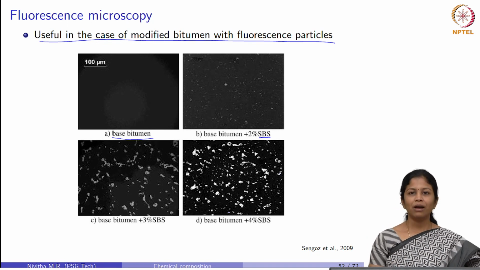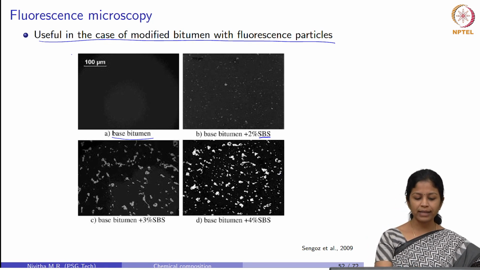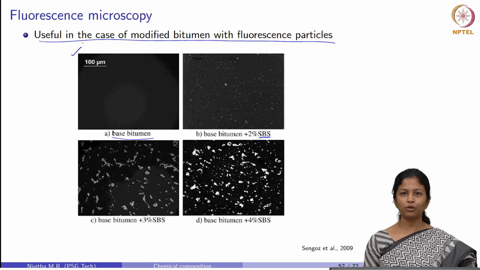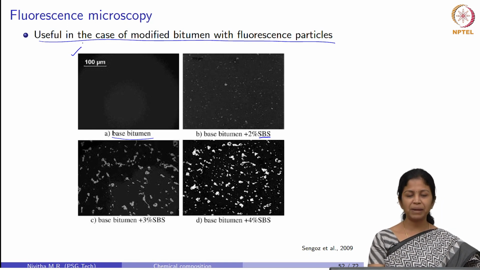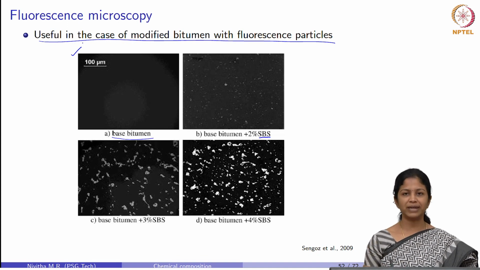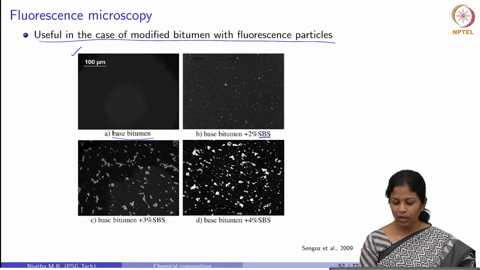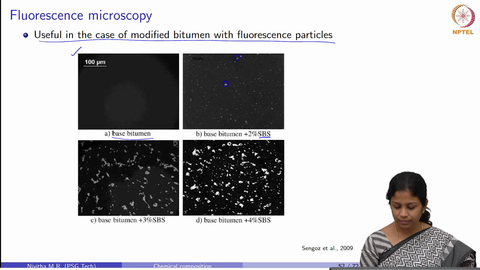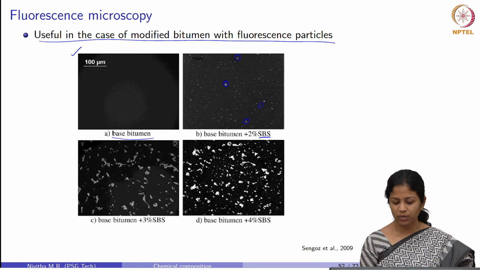You can see what we get from the unmodified bitumen in the case of fluorescence microscopy. It is just completely black. We do not get any useful information about this material in the case of base bitumen. But when we add 2% of SBS to it, we can see the white specks here, bigger ones and smaller ones also.